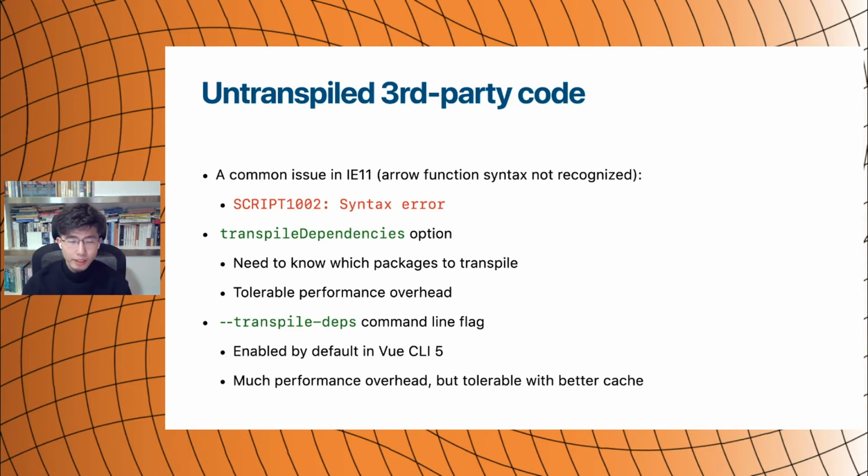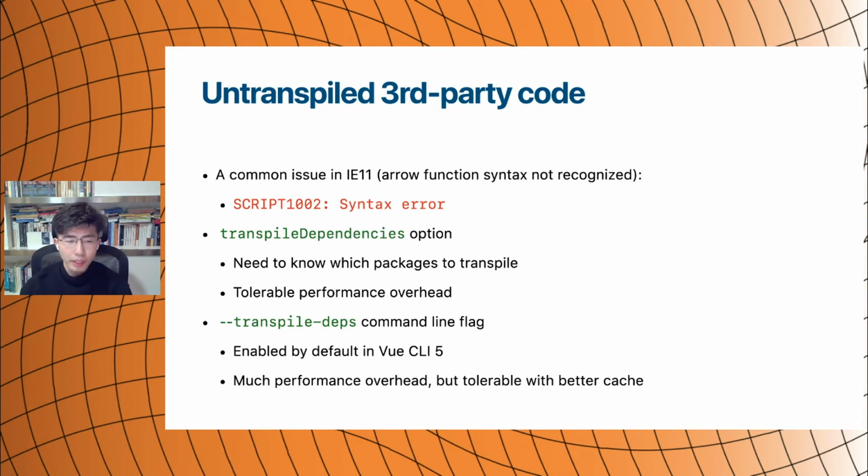By enabling this flag by default, both users and we as CLI maintainers no longer need to identify each of the problematic third-party packages. Mental burden is thus removed. Of course, it comes at a price.